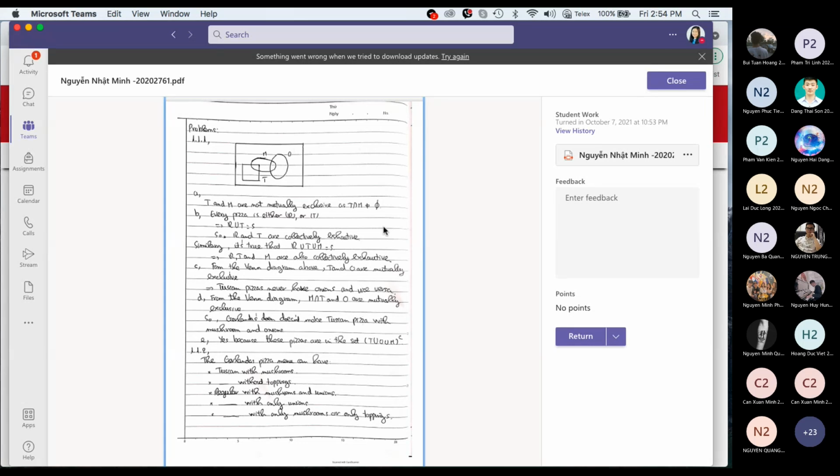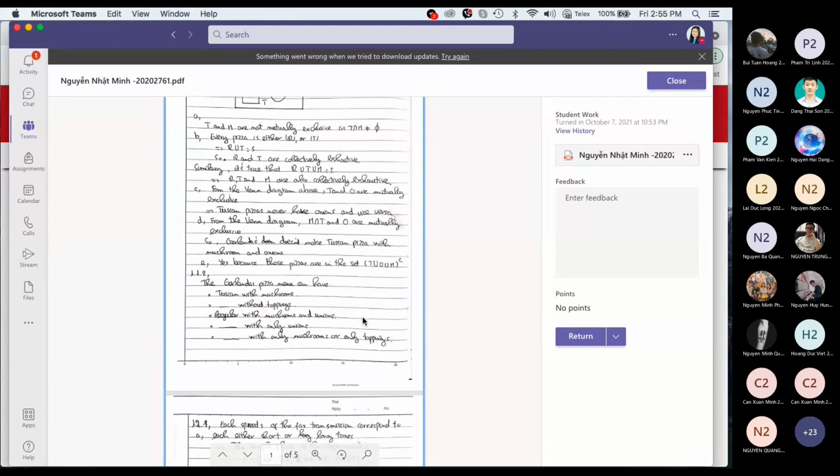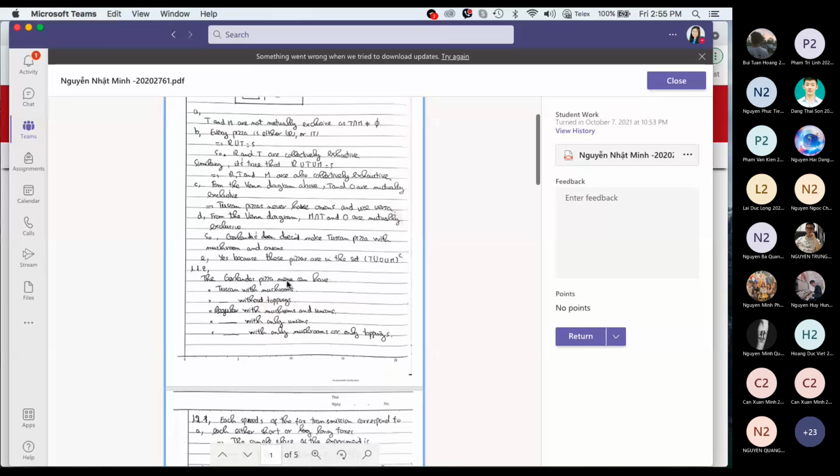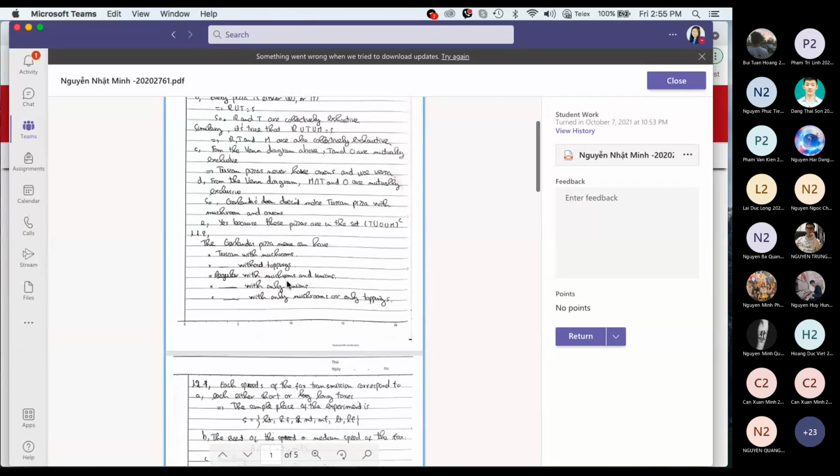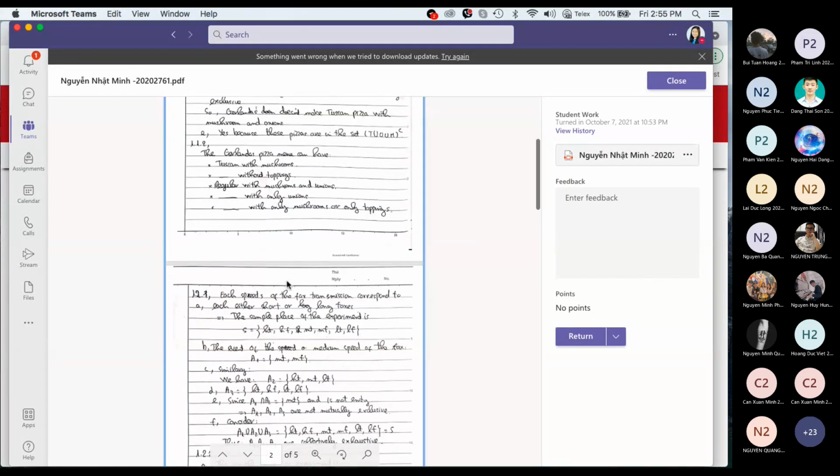Please write it down on the chat box. I think your friend may need your help to have a very beautiful file like this. Okay, here's the notebook of Minh, and Minh changed it to a document, so everywhere you can access and review all of the exercises.